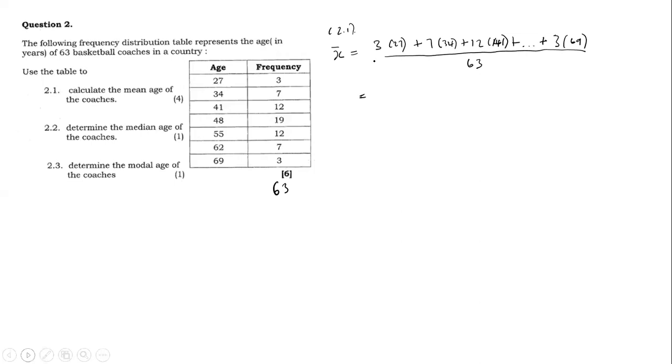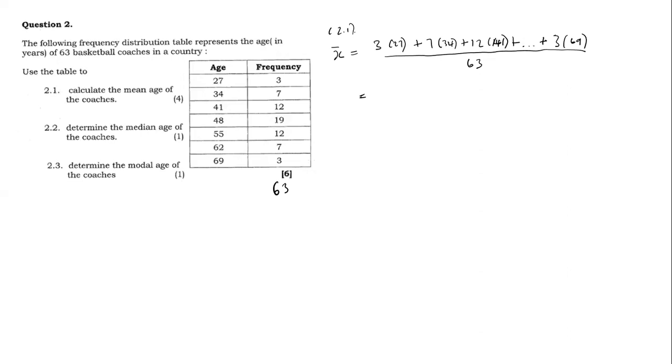But on my calculator, I'm going to have to include everything. So I'm going to say 3 multiplied by 27 plus 7 multiplied by 34 plus 12 multiplied by 41 plus 19 multiplied by 48 plus 12 multiplied by 55 plus 7 multiplied by 62 plus 3 multiplied by 69.